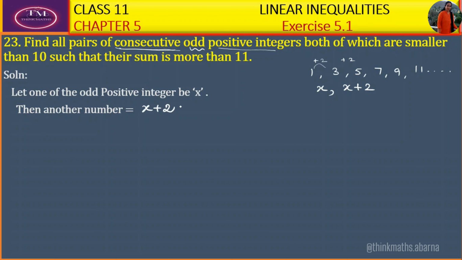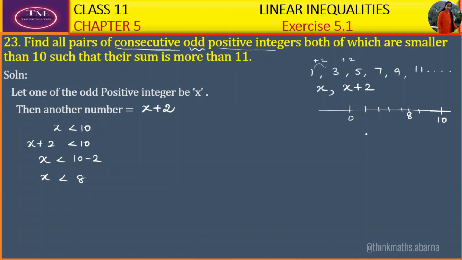Now what is the next condition? Both of which are smaller than 10. Both x is less than 10 and x plus 2 is also less than 10. If x plus 2 is less than 10, then this plus 2 goes to the other side and becomes minus 2. So x will be less than 8. Now, on the number line, it is 0, 1, 2, 3, 4, 5, 6, with 10 here and 8 here. Less than 10 means this side, and less than 8 means this side.